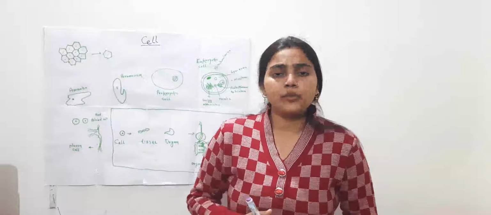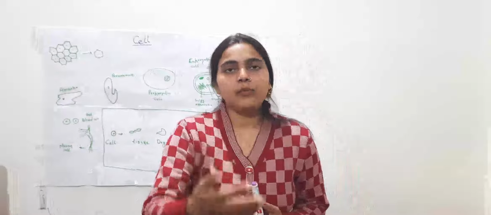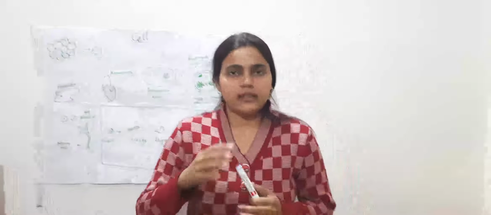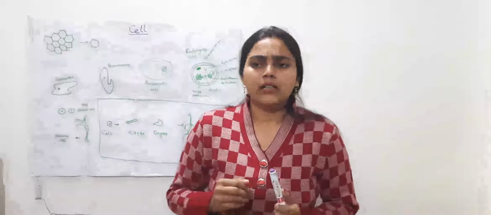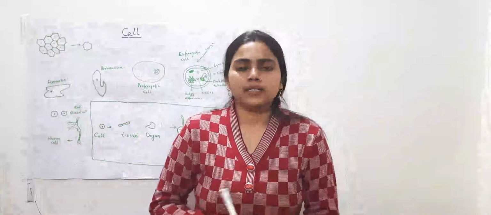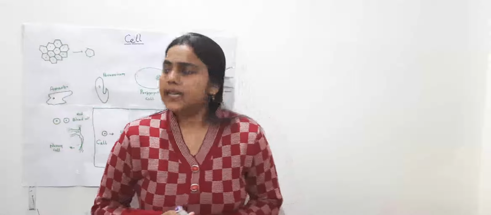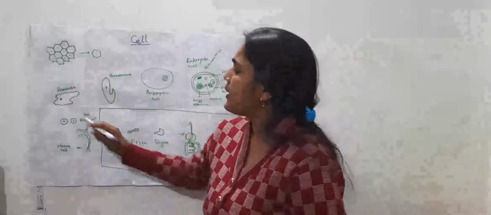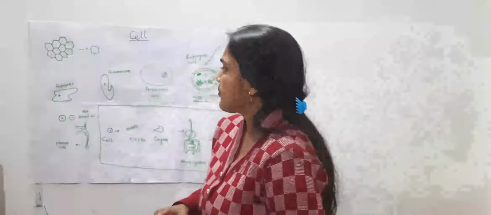Now coming to the size of the cell. How many types of cells are there, and what are the sizes of cells? Mostly cells are spherical, but some are of different shapes. Like this is a picture of an amoeba. Amoeba is irregular in shape.